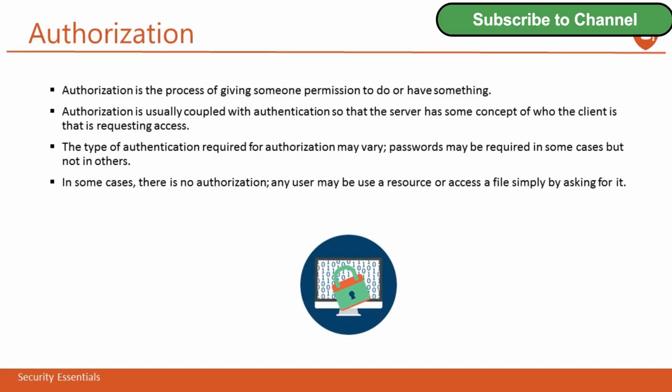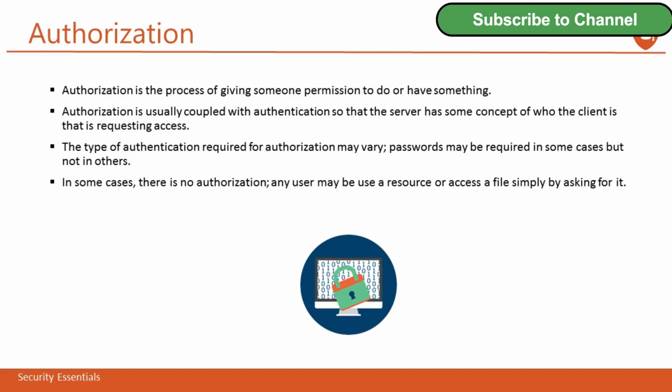Next, we have authorization. Authorization is the process of giving someone or something permission to do or have something. Like I said, every authorized or unauthorized person can be authentic. If any unauthorized person has your credentials, such as a username or password, and those are the only methods by which we can verify authentication, then an unauthorized person can use your credentials to log in.